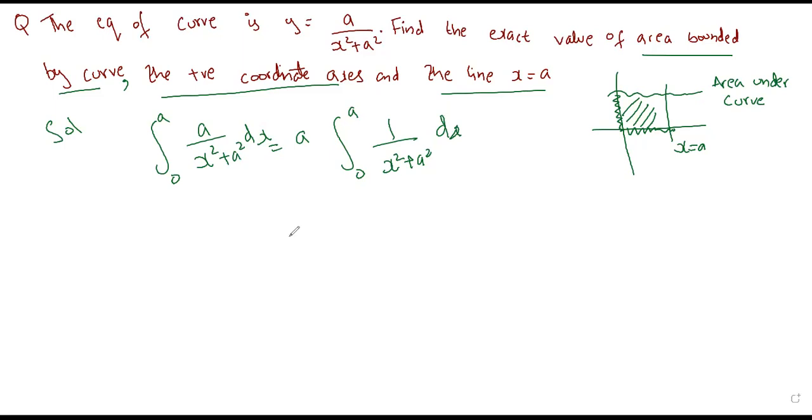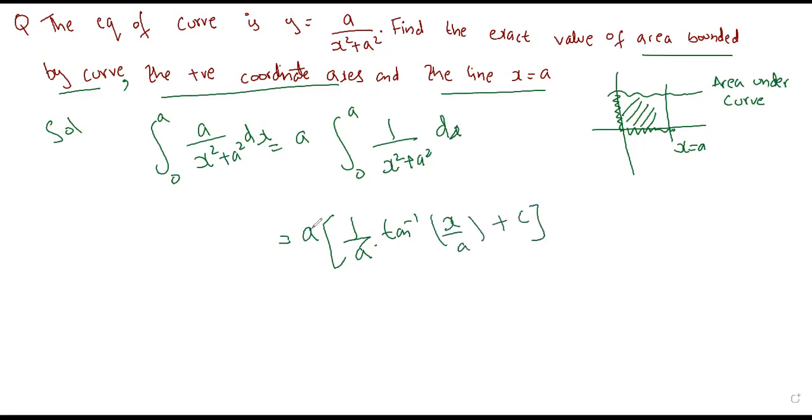Excellent. So my integral would be, a would come as it is. Then I need to write 1 by a tan inverse x by a plus c.